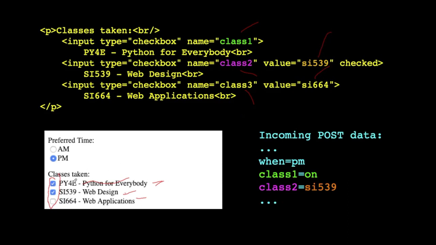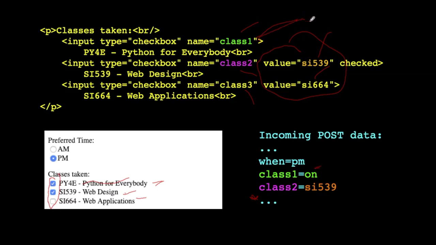In this example, we've checked Pi free and SI 539, and you'll notice that two of them have values and one of them doesn't. The key is often you're just checking to see if the data is there. In this case, class 3 is not in the post data, and class 1 is on. That's the default.